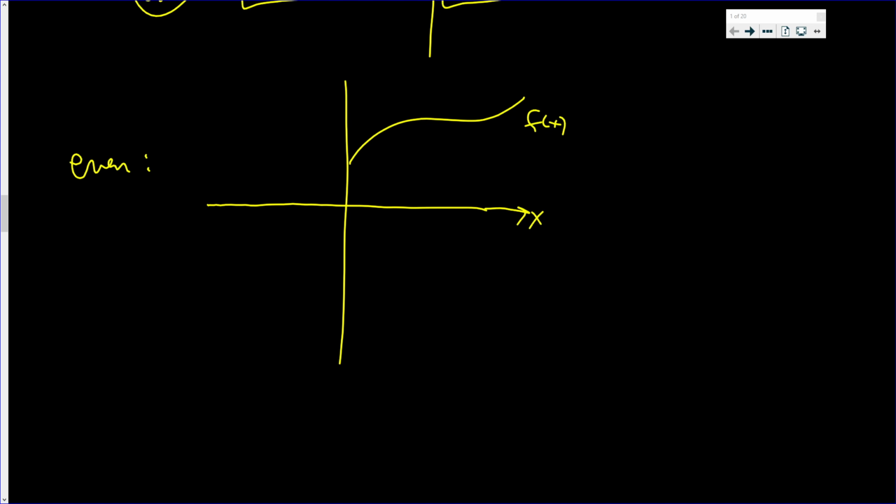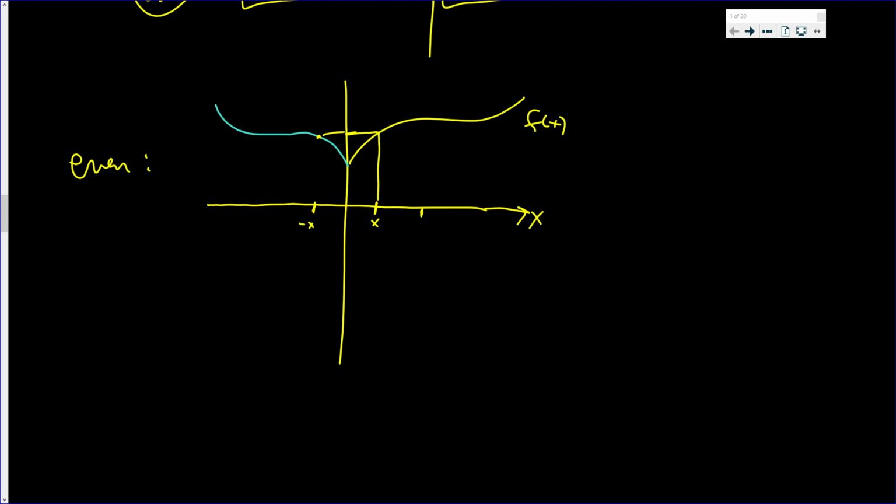Well, when you plug in negative x, you get the same y values as when you plugged in positive x. You're going to get that. In other words, if you plugged in that x value, it told you to go up that height. Well, if you plugged in the mirror image, instead of this x value here, you plugged in negative x, you're supposed to get the same height. That's what an even function tells you.